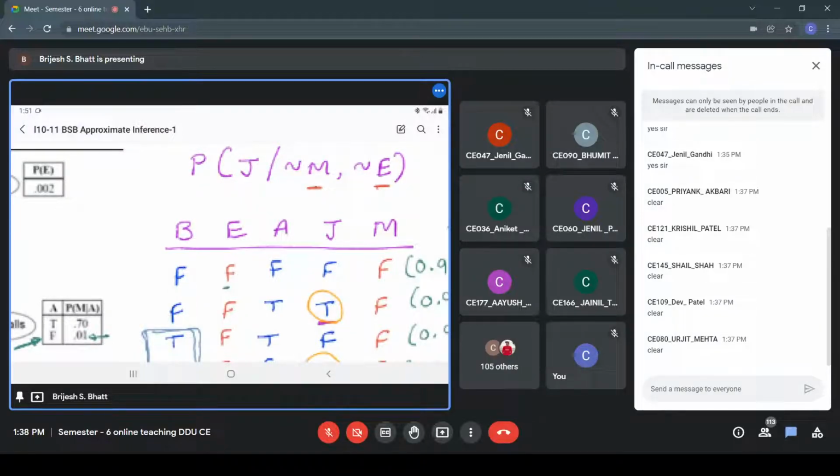That is why we have kept them false for all our examples, and we sample only B, A, and J. And then we will assign this weight to the sample generated, because M and E remain false with a certain probability. So we'll add that probabilistic weight with the sample. Is this clear? Any questions?